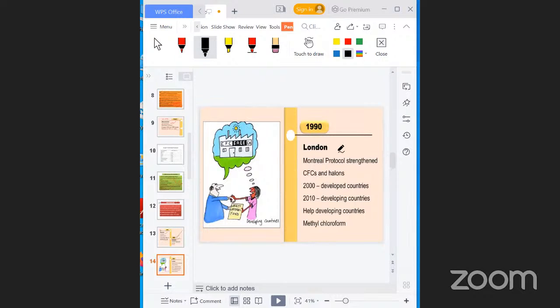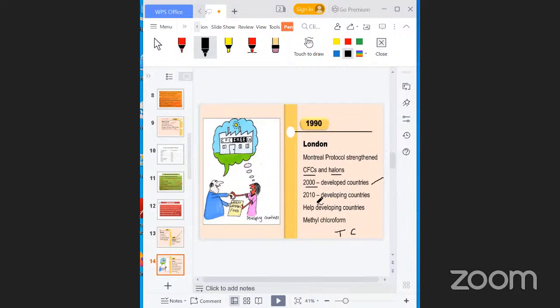The London Amendment changed the ODS emissions schedule by requiring the complete phase out of chlorofluorocarbons and halons, and carbon tetrachloride by the year 2000 in developed countries, and by 2010 in developing countries.